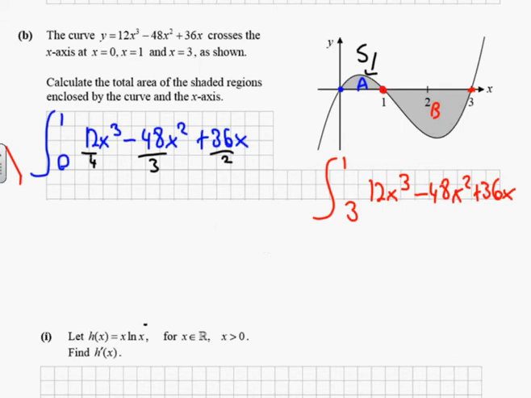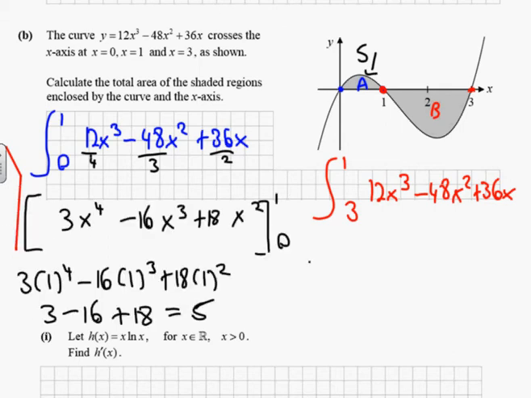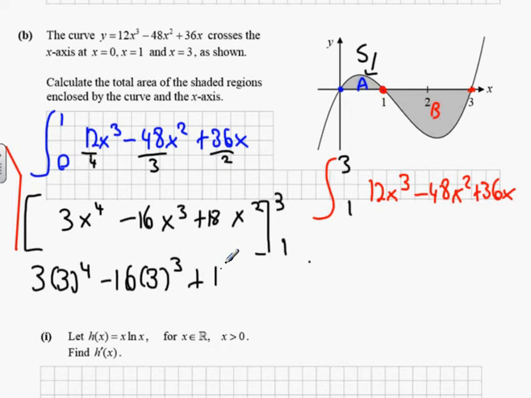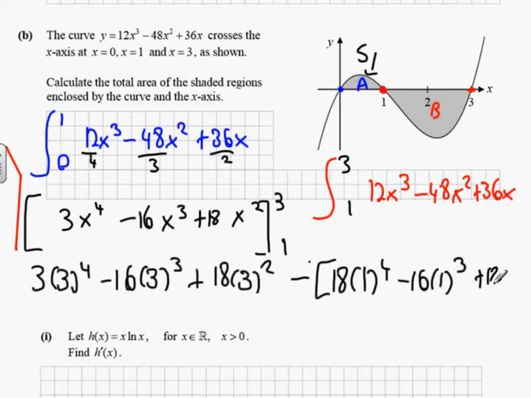Now we can rub this out, and I'm going to start on the second one, area B. Area B has the same integration as area A, just different limits. Remember, it's the upper limit minus the lower, so it's 3 to 1. So we put it in here: 3 times 3 to the power 4 minus 16 times 3 to the power 3 plus 18 times 3 to the power 2, minus brackets 3 times 1 to the power 4 minus 16 times 1 to the power 3 plus 18 times 1 to the power 2.